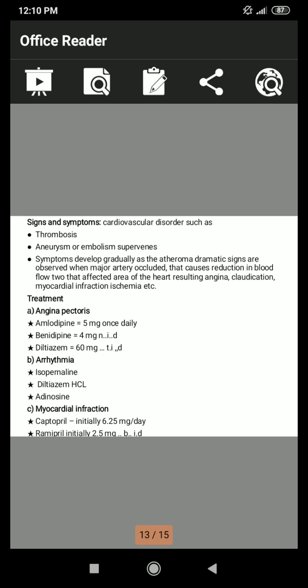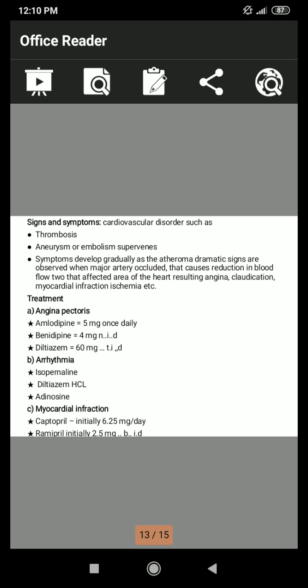Atherosclerosis treatment is usually directed at the complications. First is angina pectoris. Drugs are amlodipine 5 mg once daily, then nifedipine 4 mg TID, then diltiazem HCl 60 mg TID.